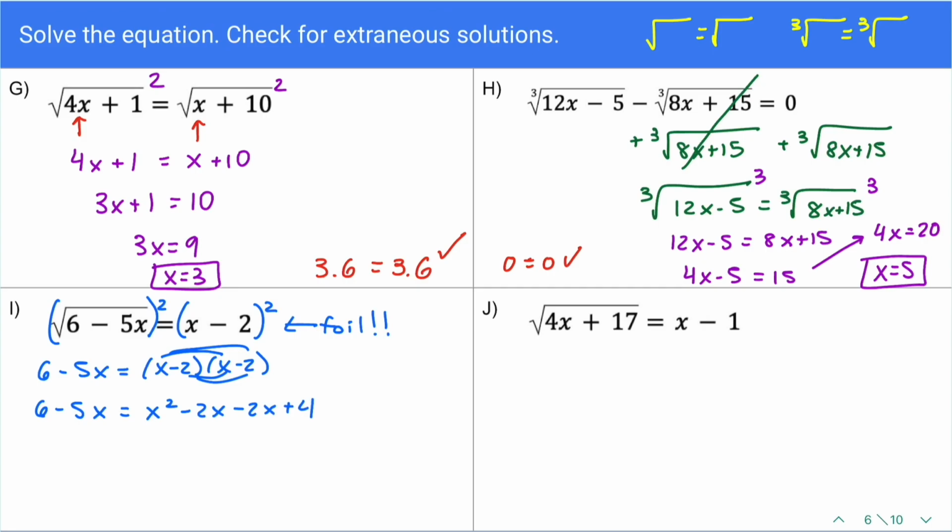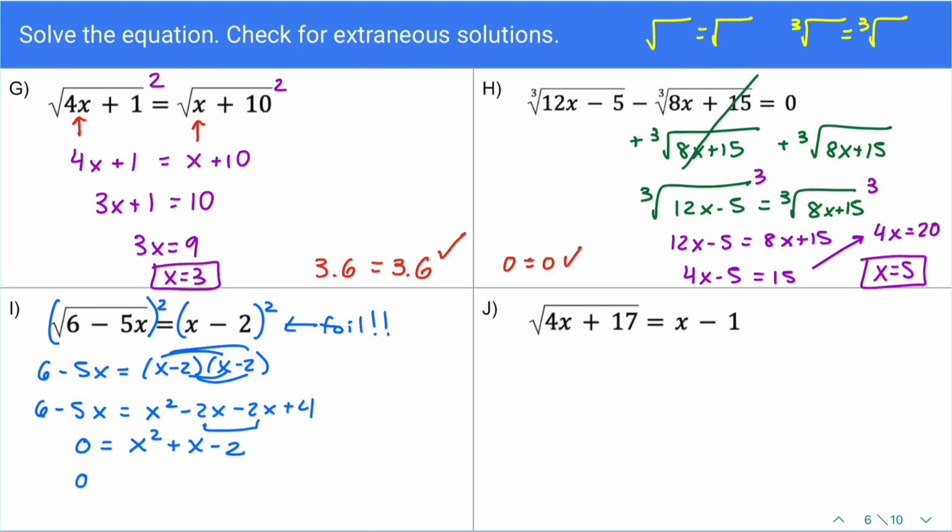Now that is a quadratic that I need to solve. So my suggestion would be to set the whole thing equal to 0 by moving everything to the right and combining your like terms, and then you can factor it to solve. So if I have 0 on the left, x squared is not going to change, but I have negative 4x plus 5x, so plus 1x, and then I have 4 minus 6, so negative 2.